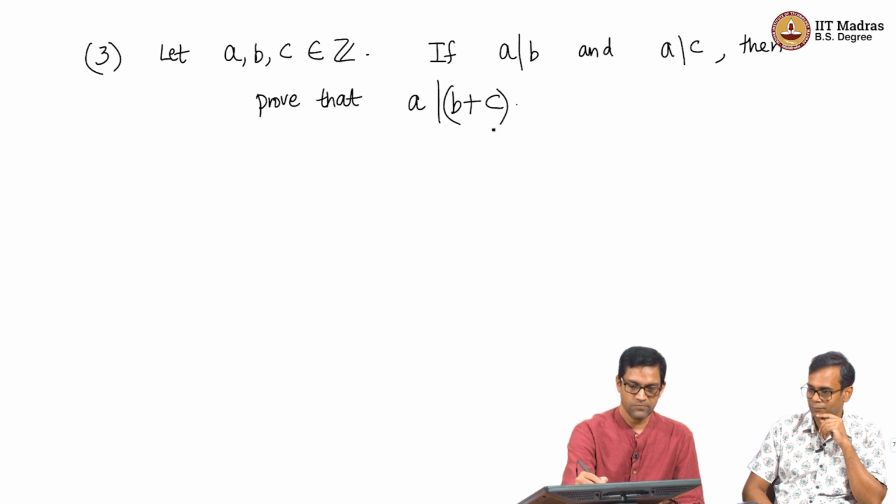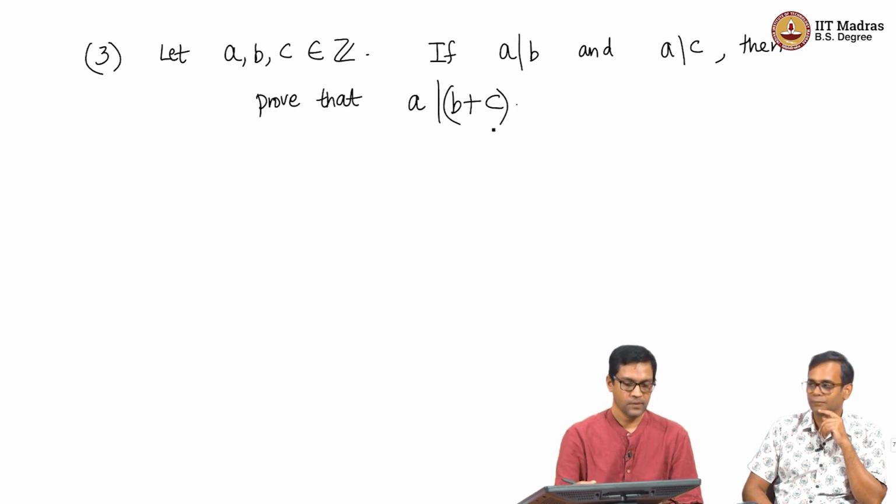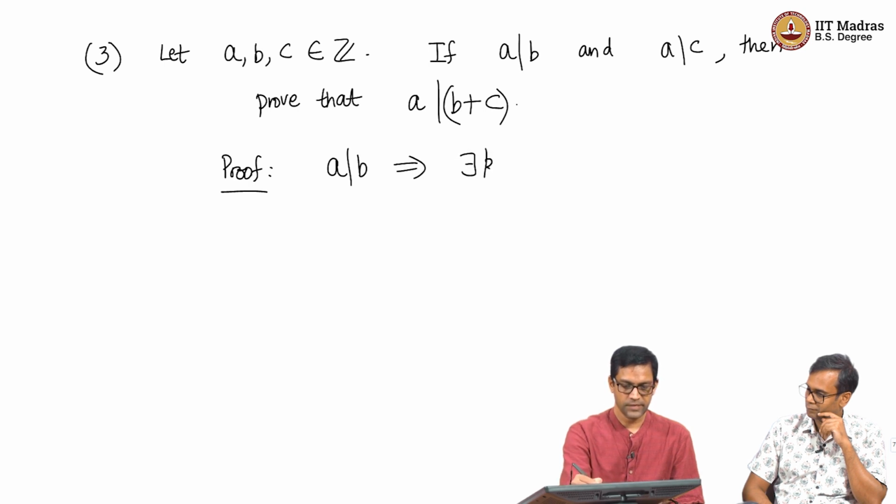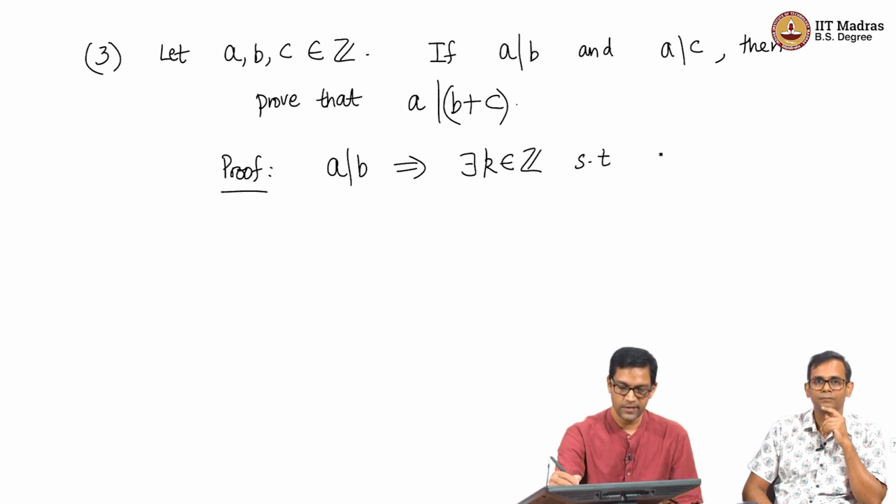Note the sum of two integers is again an integer. So again let's prove this. What's given? A divides b. So there is some integer k such that B can be written as ka.